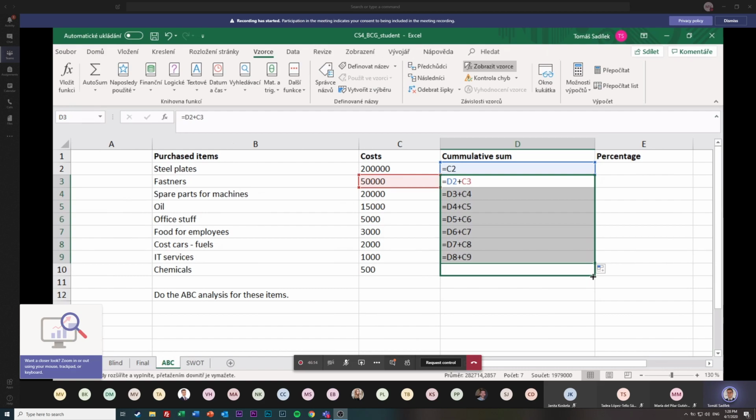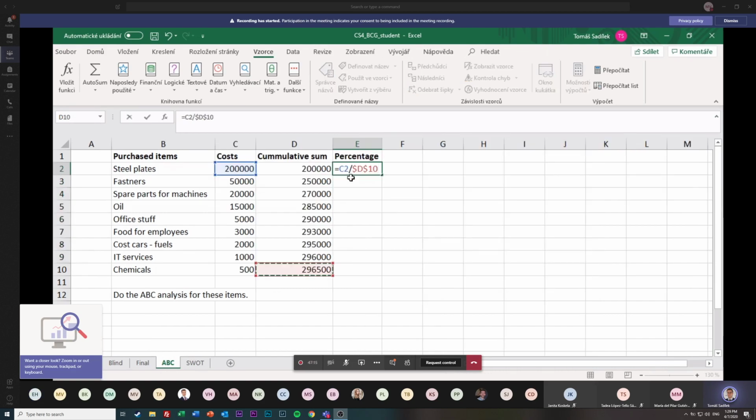Because we would like to copy this formula, I put the $ there, since I would like to fix this cell. So C2 divided by $D$10.